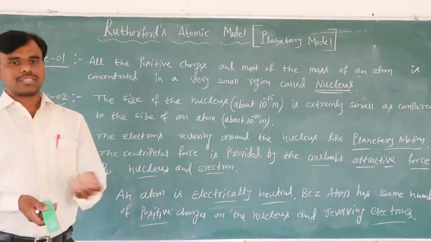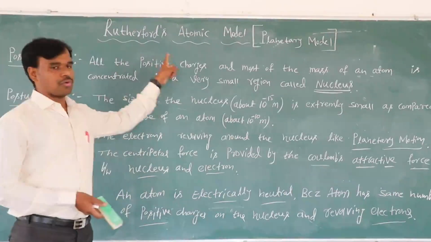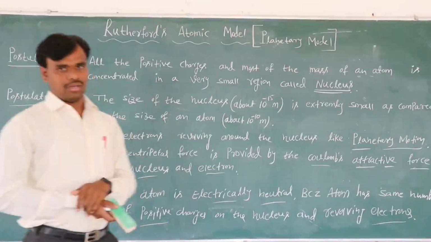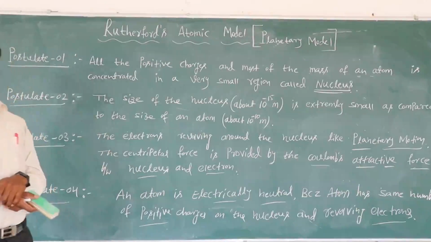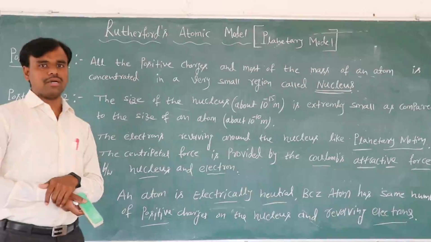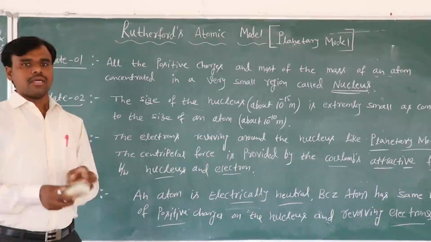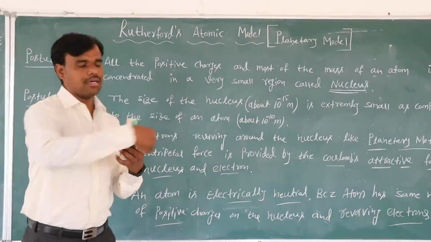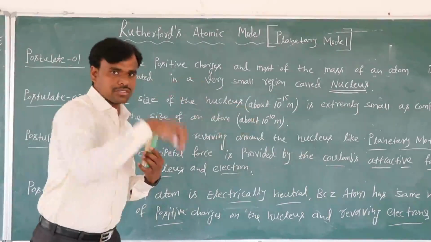Now I want to explain the Rutherford atomic model. It is also called the planetary model. Dear students, we know that Rutherford performed the alpha particle scattering experiment and he concluded that most of the alpha particles passed through the gold foil undeflected.